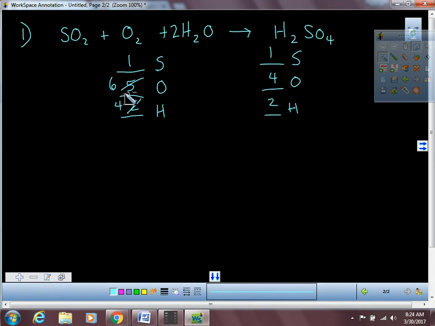Now what do I need to do? When I doubled my H's, what happened to my O's? Threw my O's off even more, right? And now I have 4 H's on the left and 2 H's on the right, so how can I remedy that? A 2 on the right. So that's 4 H's, 8 O's, and 2 S's.